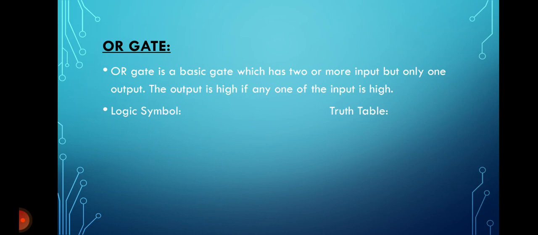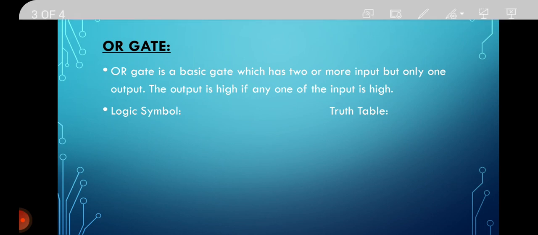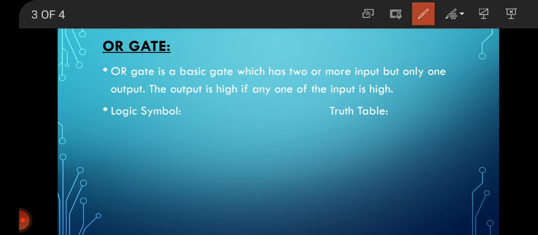Now we will see the logic symbol of the OR gate. The two inputs are here. This is the OR gate. This is A, one input. This is B, another input, and we get the output here.